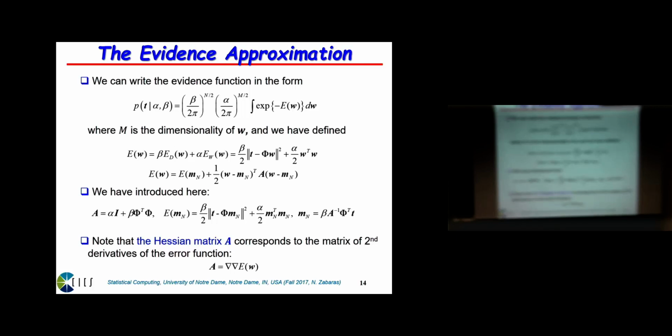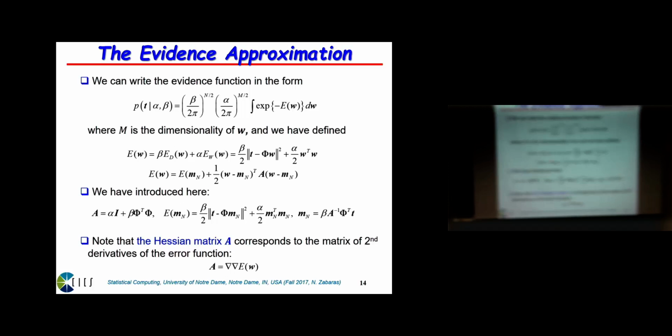But this is a nice expression because it gives you this exponential there, this error, as the error if you select the parameters to be at the posterior mean values, plus basically this quadratic in W minus Mn.